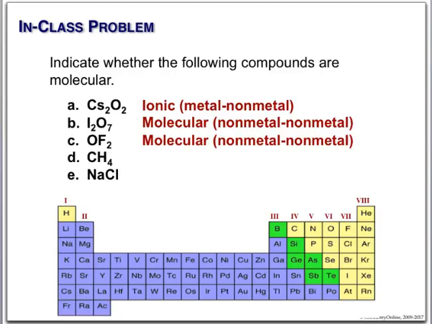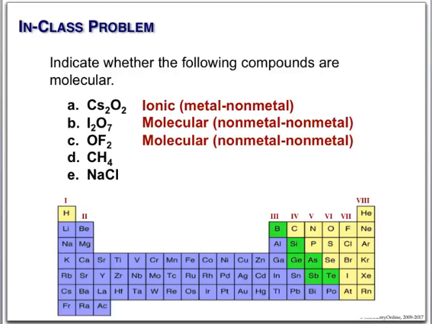I hope you've been listening to how I name these things, because that's one of the cute things we get to do soon, is to name molecular and ionic compounds. Now, following the convention for naming, CH4 would be carbon tetrahydride. This is also called methane, natural gas.